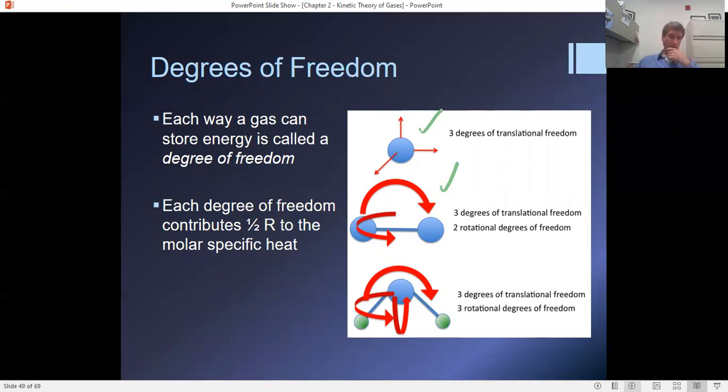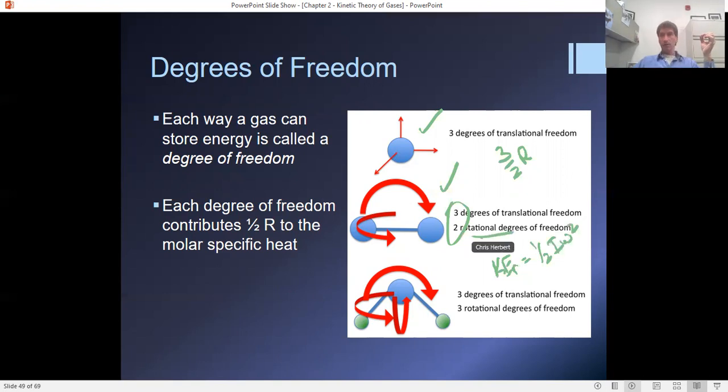So if this is 3/2 R for our molar specific heat, one would imagine with 2 extra modes where we can store the energy, and we know that for rotational kinetic energy, it's 1/2 I omega squared.